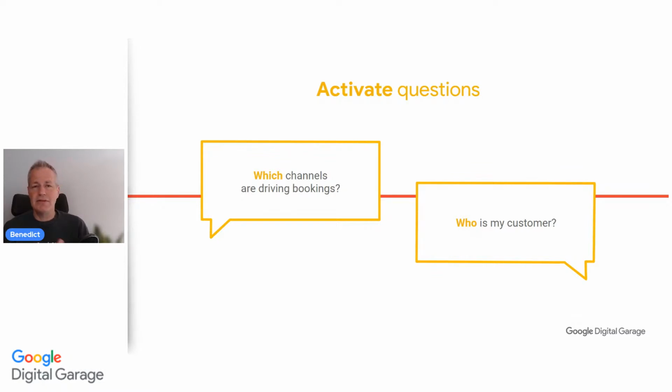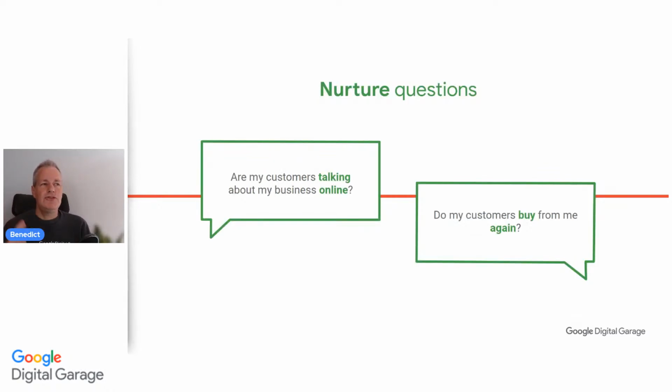You can set particular goals to track that. So which channels are driving bookings? And who is my customer? So finding out as much as you can about your customer. That's the activate questions.